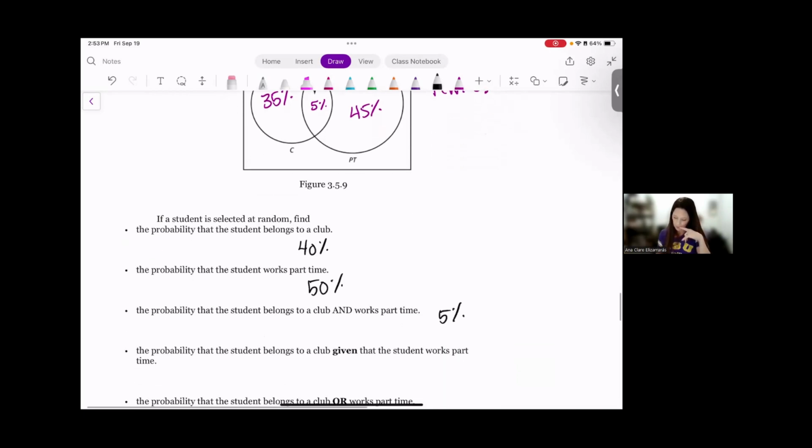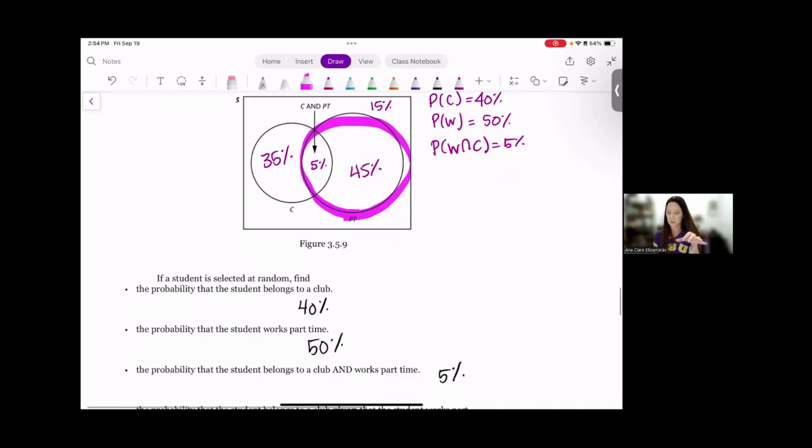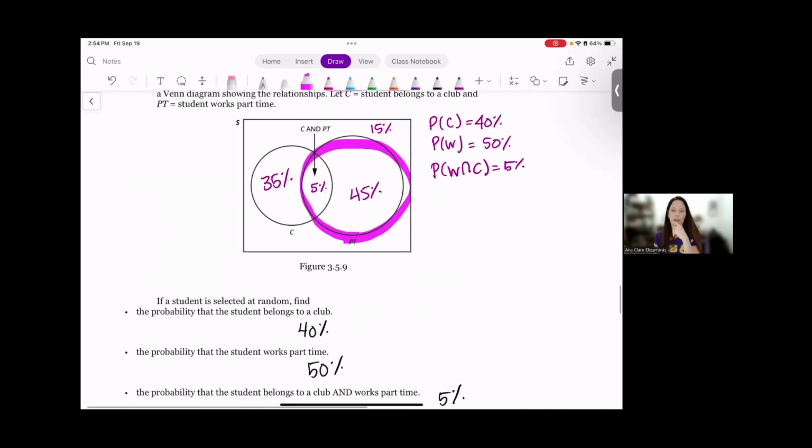What is the probability the student belongs to a club given that the student works part-time? All right, club given part-time. The way that you do this with Venn diagrams is you focus on the circle of the condition they're talking about. This student works part-time. So part-timers of this circle right here, of that 50%, how many belong to the club? That's 5%. So 5% out of 50%, right?